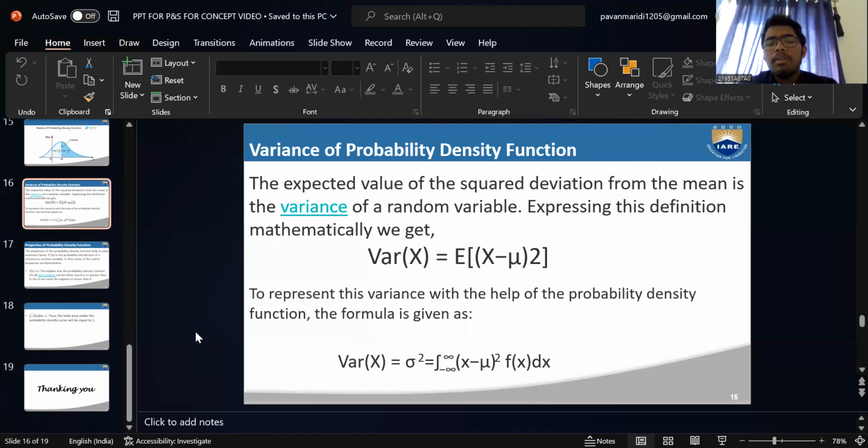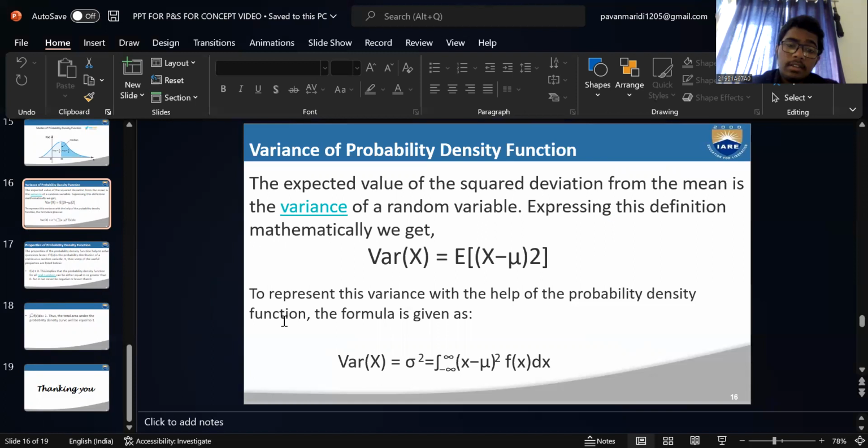Variance of probability density function. The expected value of the squared deviation from the mean is the variance of a random variable. Expressing this definition mathematically, we get variance of x is equal to E of (X minus mu) squared.